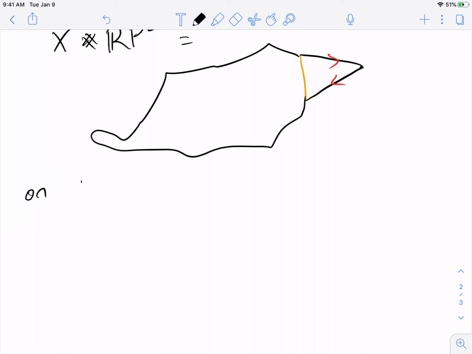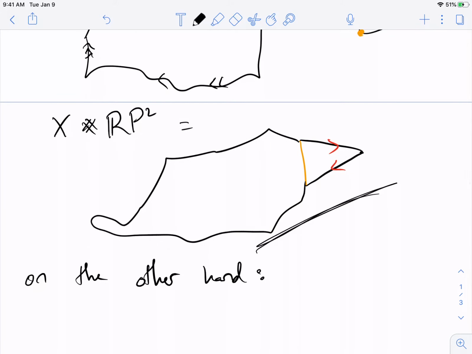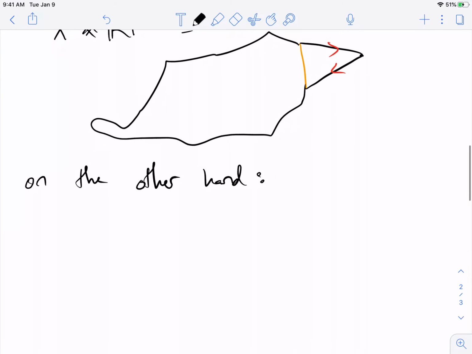on the other hand, I can go the other way. Whenever I see a picture like this, I know that a piece of it had to be RP2.